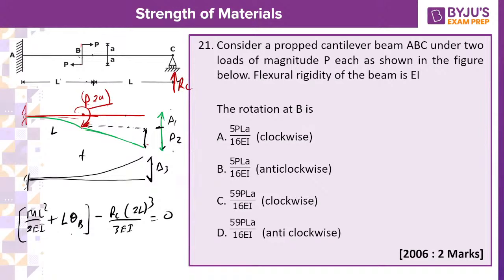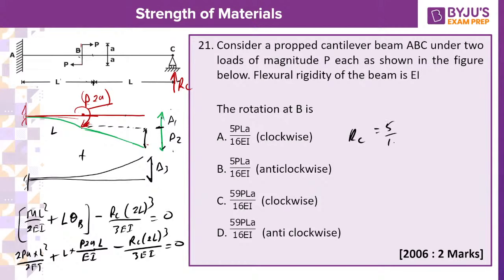So 2Pa into L square divided by 2EI, plus L into theta, which is ML by EI, M being P into 2a, then L by EI, then minus this whole RC into 2L cube by 3EI equals 0. If you solve this, you will get the RC value, which is 5 by 16 PAL by EI.